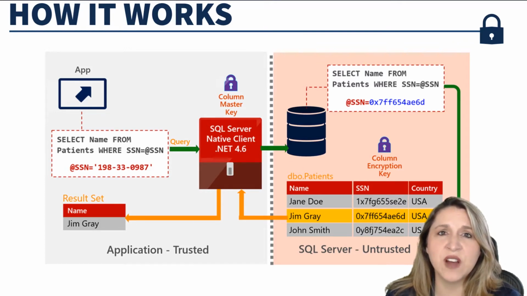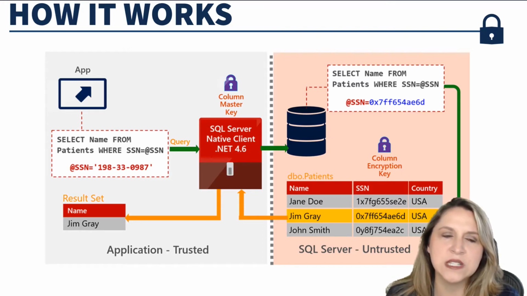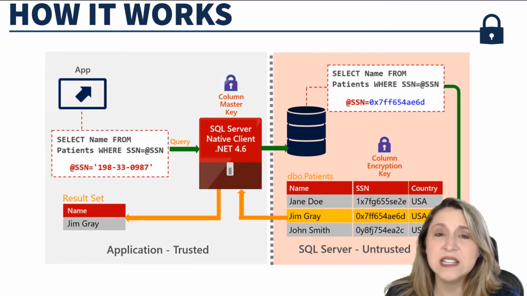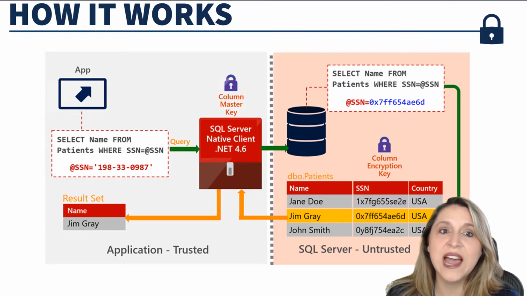You'll notice it's provided in plain text to the driver itself. The driver has the master key information. The master key is going to be needed to unlock the column encryption key. Don't worry about those keys right now because we're going to talk about them more in depth in a few minutes. But the query is sent in plain text through the driver, and it talks to the database.